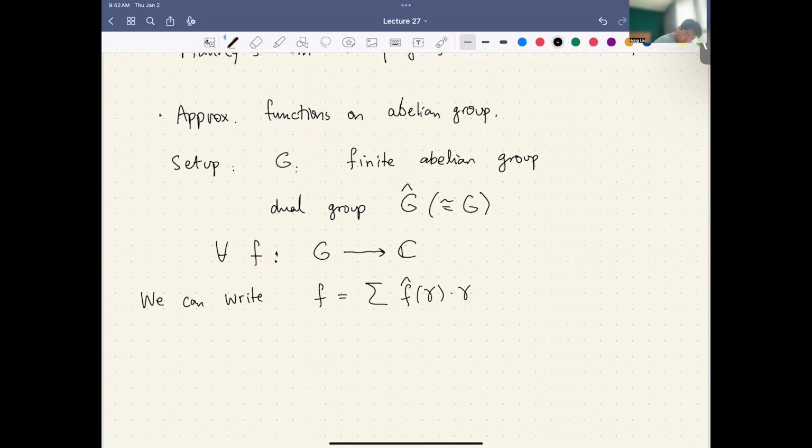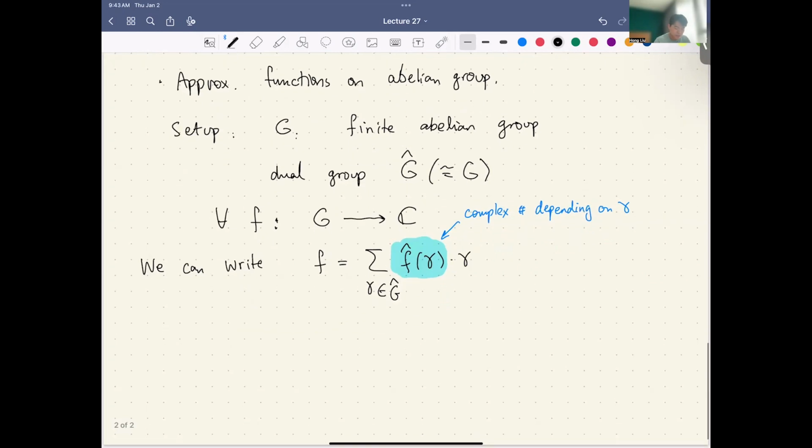If you don't know what it is, it doesn't matter; we don't need to know it. It is just some complex number depending only on gamma, and you range over all gamma in the dual group G hat. So we can express it linearly.